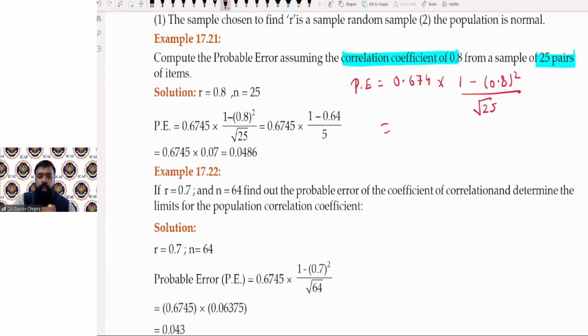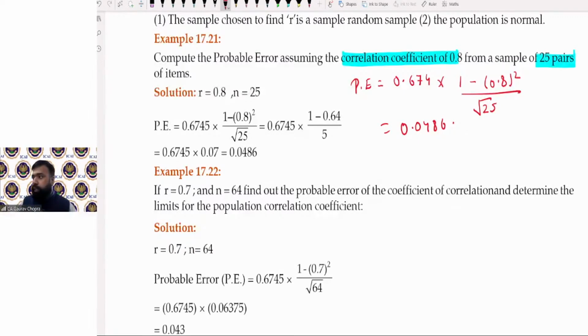Simply apply the formula. दो वैल्यूज आपके पास होनी चाहिए, वन शुड बी r एंड सेकंड वन इज n। अगर दोनों अवेलेबल है देन ऑफ कोर्स यू कैन सॉल्व। So your result is 0.0486.